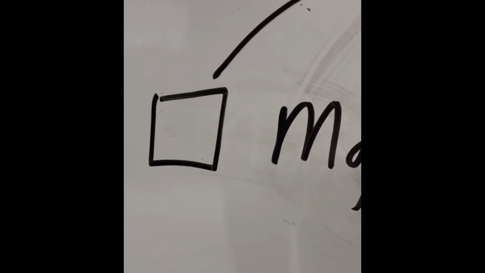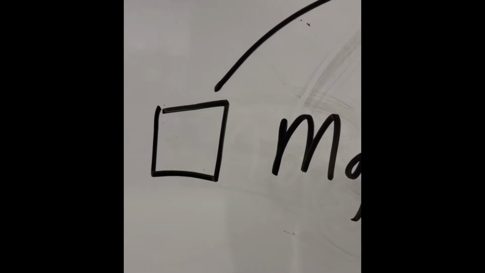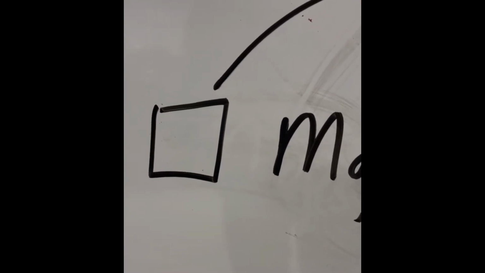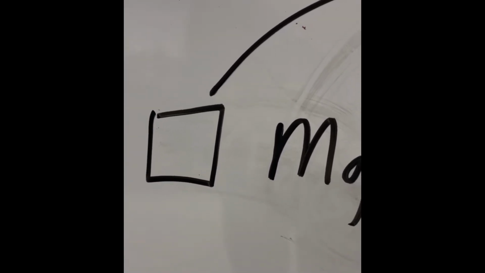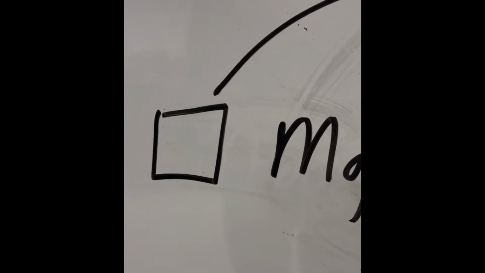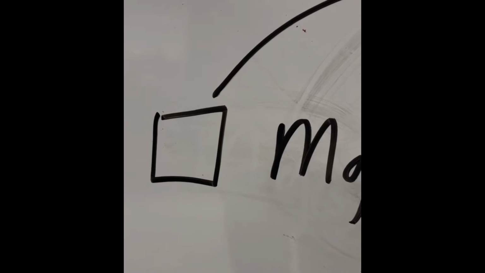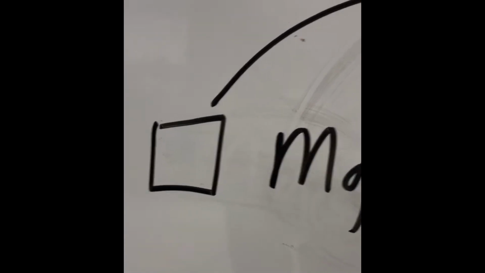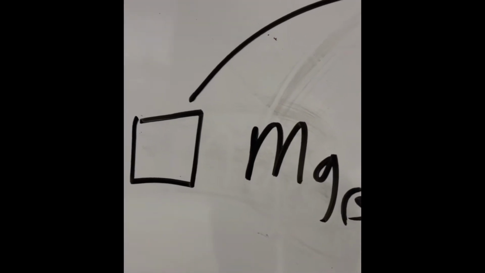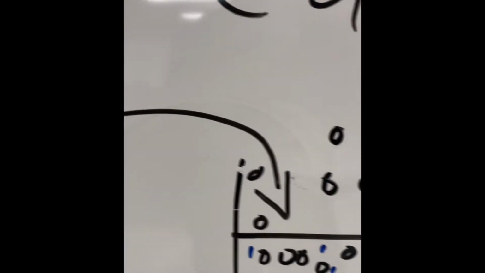We then took magnesium because we want to get the copper out of solution and produce copper solid. So we want to reduce Cu double positive, and we're going to reduce it using magnesium, which is going to be oxidized. So here's our magnesium solid. We put it into this solution.